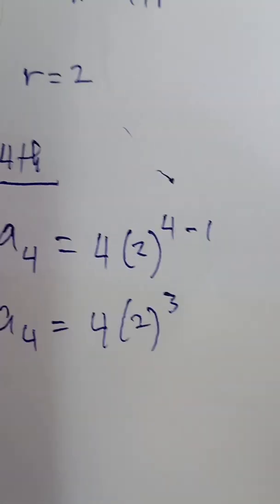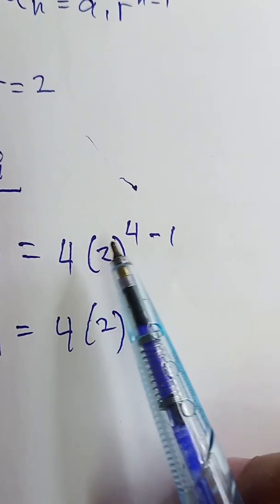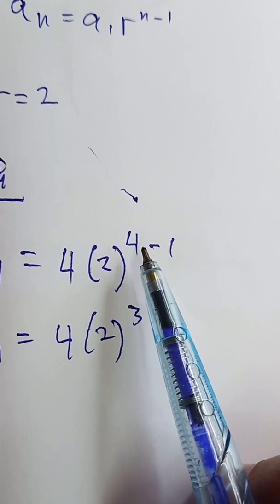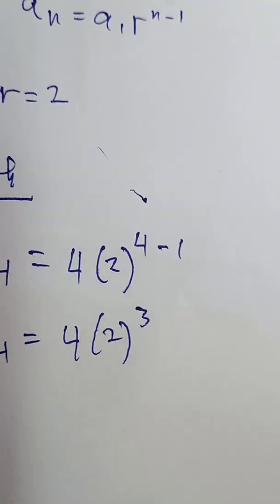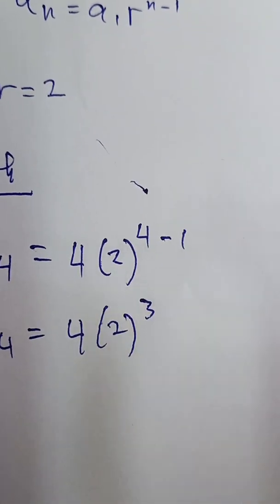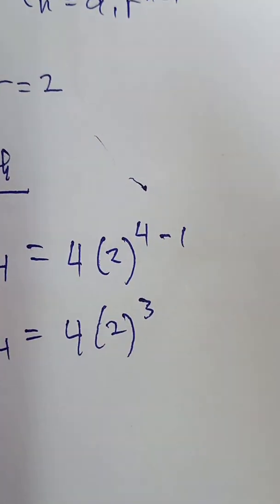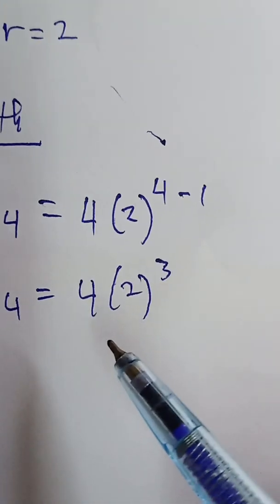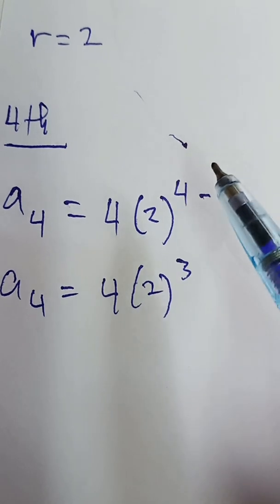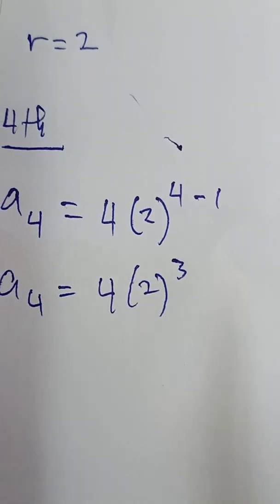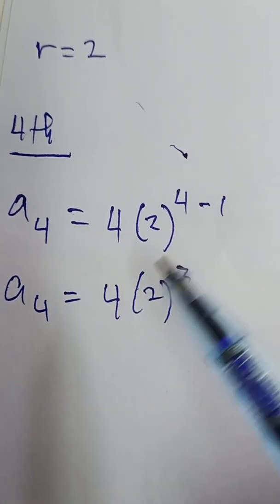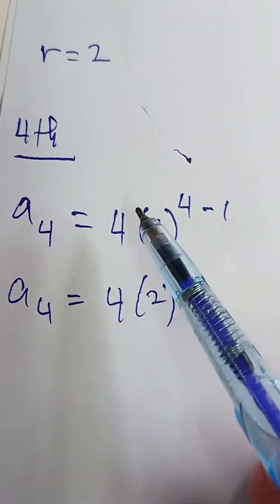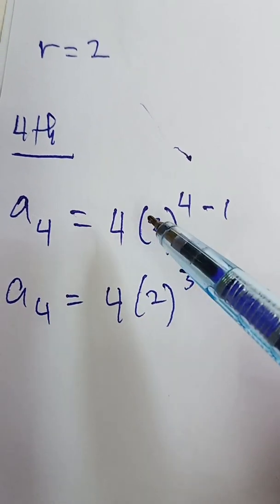For E, for exponent, as you can see, meron siyang exponent, 4 minus 1. Siyempre, pwede natin i-simplify. That's why yung inuna ko dyan ay yung exponent, minus ko muna. Since nauna yung exponent, yung iba, i-bring down mo na lang or i-rewrite mo again.